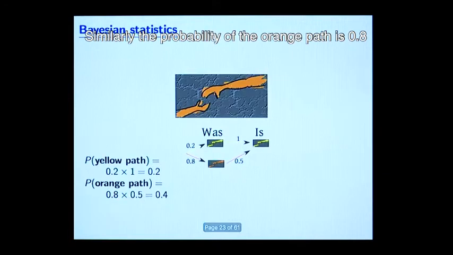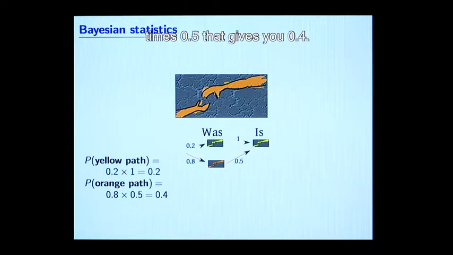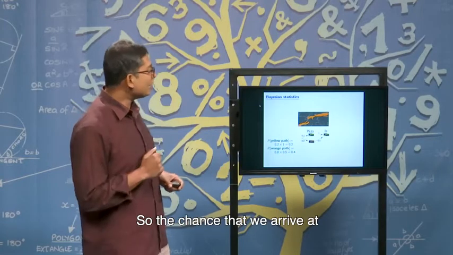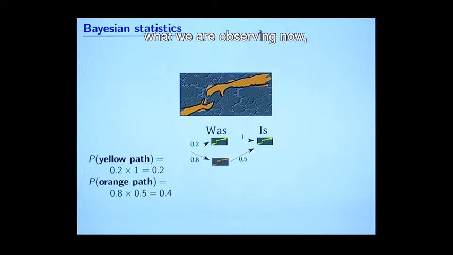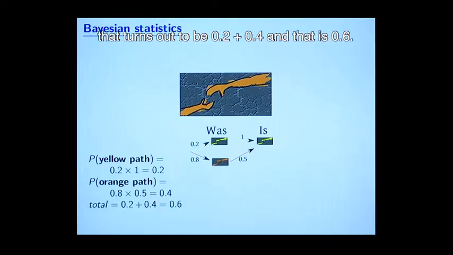Similarly, the probability of the orange path is 0.8 times 0.5, that gives you 0.4. So, I have two paths. The top path has probability 0.2 and the bottom path has probability 0.4. So, the chance that we arrive at what we are observing now, we call it the total probability, that turns out to be 0.2 plus 0.4, and that is 0.6.